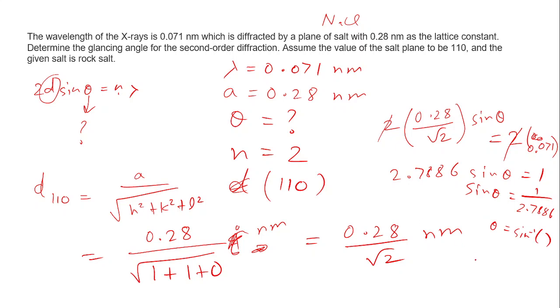So theta is equal to 21 degree. Okay, this is the answer here. Glancing angle is 21 degrees. So here we use Bragg condition, but since d was unknown, first I need to calculate d. After calculating d, I substitute in Bragg equation, then I can find out theta.